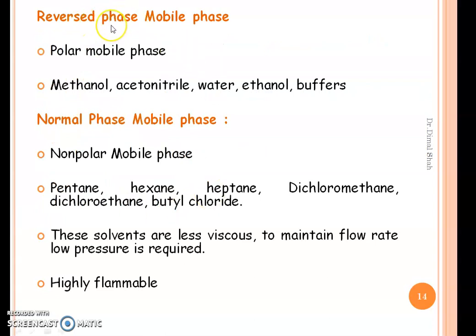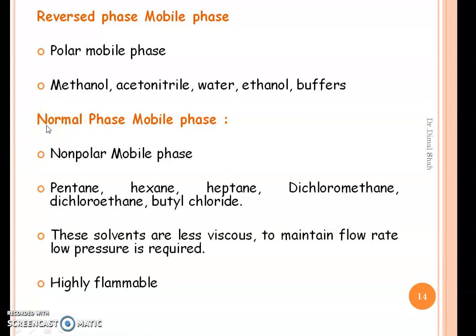For a reverse phase HPLC system, the stationary phase is non-polar, so polar mobile phases are preferred, and the normally used solvents are methanol, acetonitrile, water, ethanol and different buffer solutions.